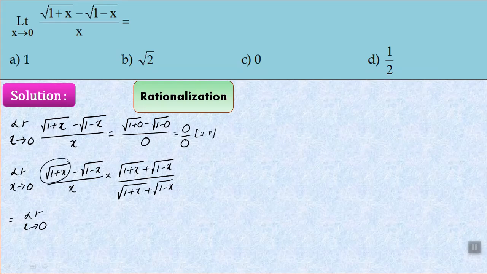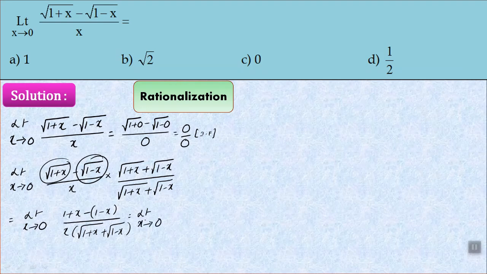Here root of 1 plus x whole square, that is 1 plus x, minus b square, that is square root of 1 minus x whole square, that is 1 minus x, divided by x into square root of 1 plus x plus square root of 1 minus x, is equal to limit x tends to 0, 1 plus x minus 1 minus into minus plus x divided by x into square root of 1 plus x plus square root of 1 minus x, that equals to, here plus 1 minus 1 get cancelled, x plus x, that is 2x.